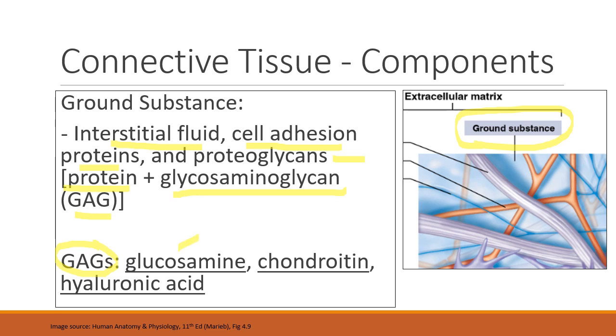So glucosamine, chondroitin, hyaluronic acid. If you go to a health food store or a vitamin section, you probably see some examples of that. Why would you take these supplements? Well, maybe if you have some issue with your tendons or joints, or you're concerned about other connective tissue issues in your body.